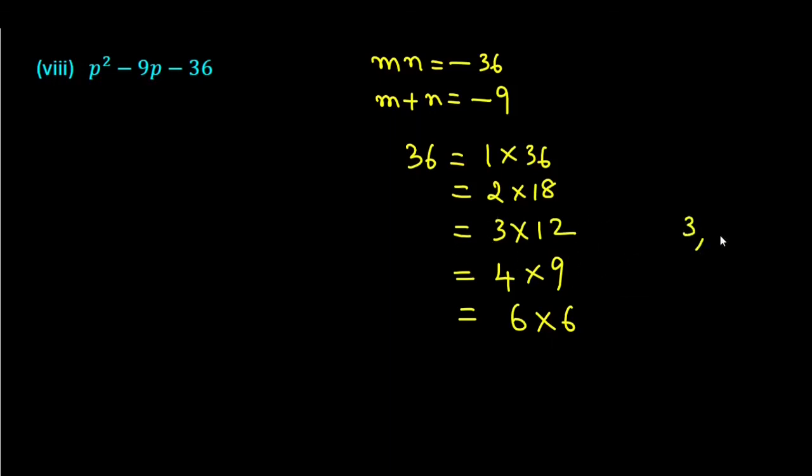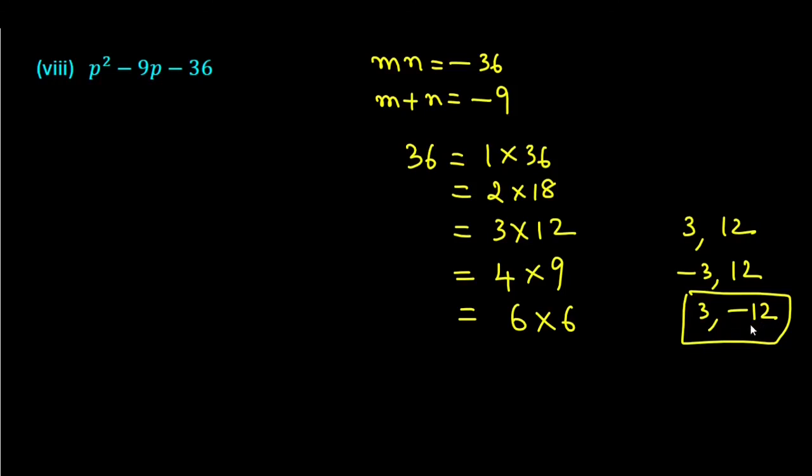So 3 and 12. When we take the minus sign, minus 3 plus 12 or 3 minus 12. We want minus 9, so the higher absolute value factor should have the minus sign. 3 minus 12, 3 and minus 12.